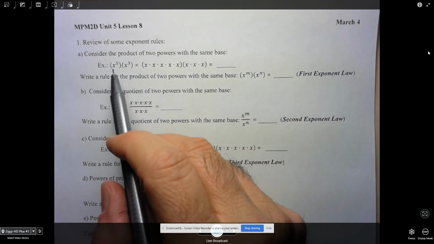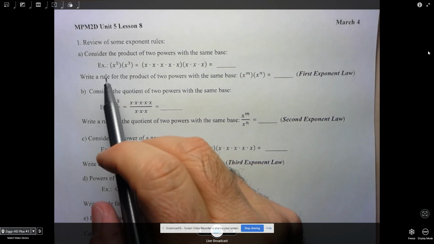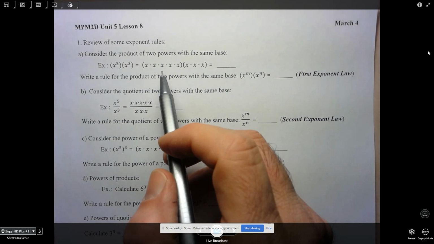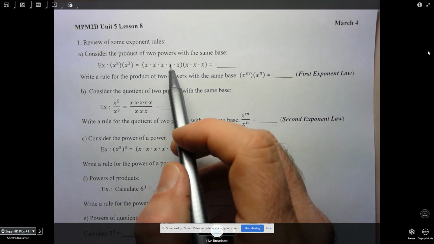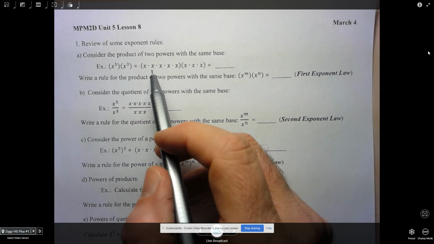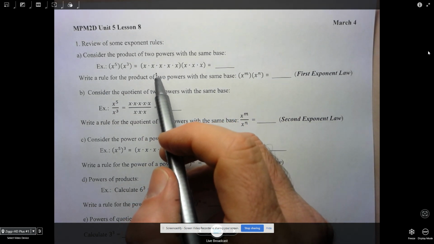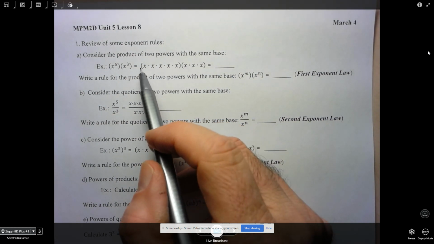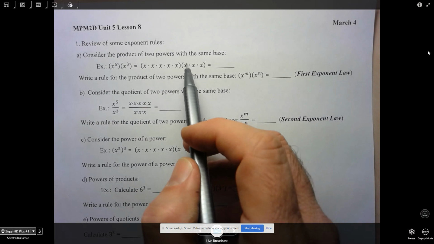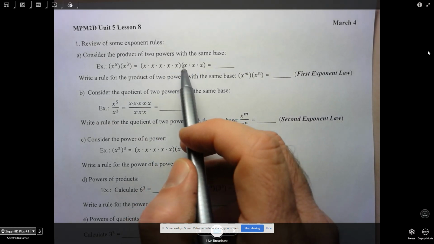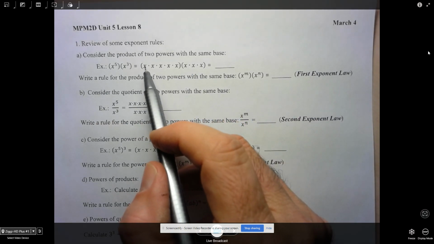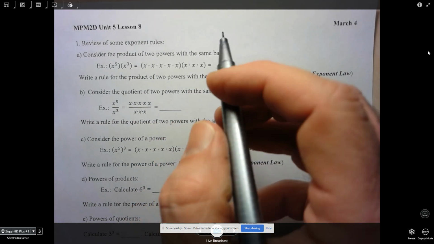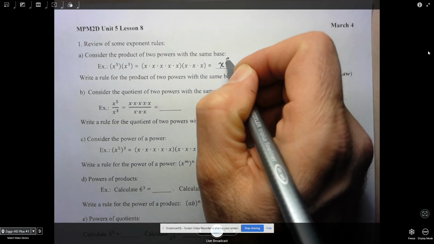So if I've got x to the 5th times x cubed, and I write them both as this series of multiplications of the same number by itself, and because the order in which we do multiplications doesn't matter, I don't have to multiply all of these together and then multiply it to the product of these three. I can mix and match. So this is the same as multiplying all these 8 x's with each other. So in other words, this is equal to x to the 8.